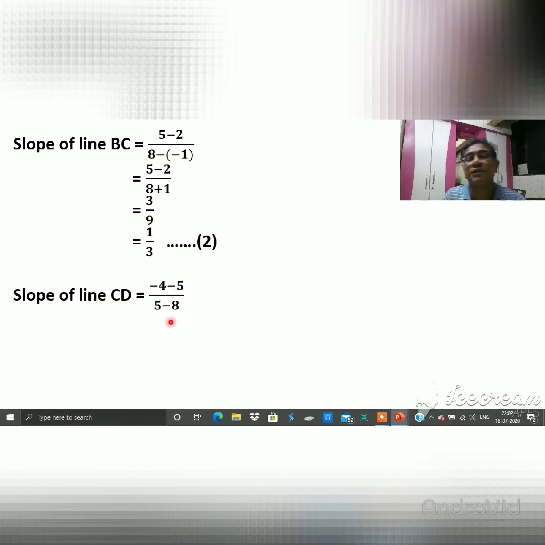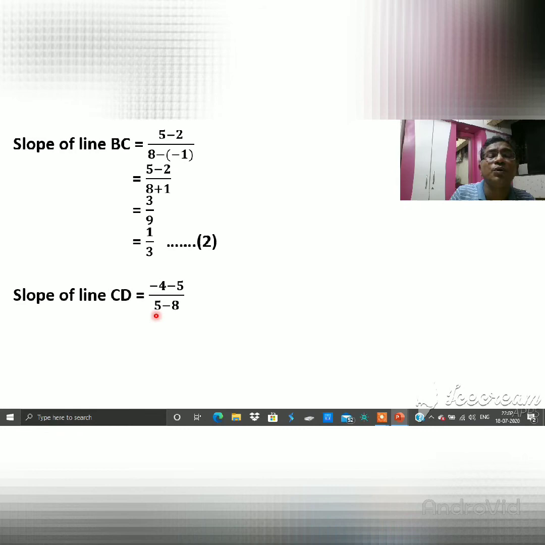So I write here minus 9. Why minus 9? Because both numbers are negative, the signs are the same, so we add them and give the common negative sign.